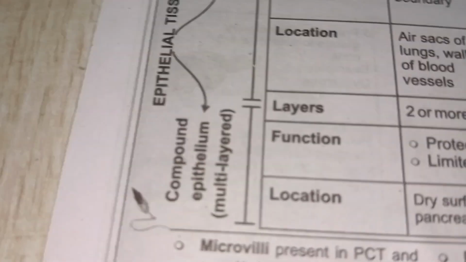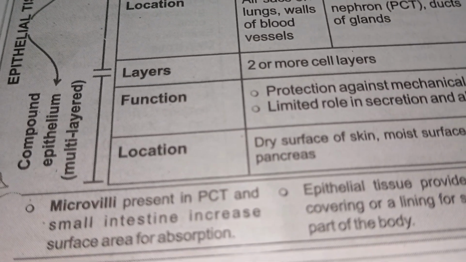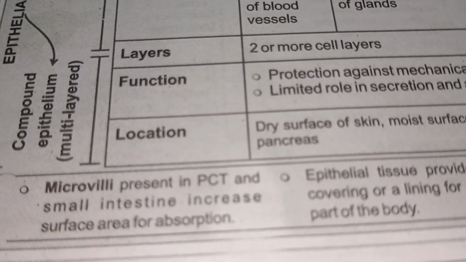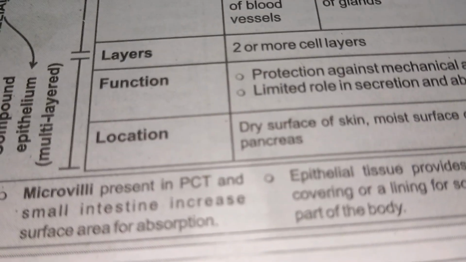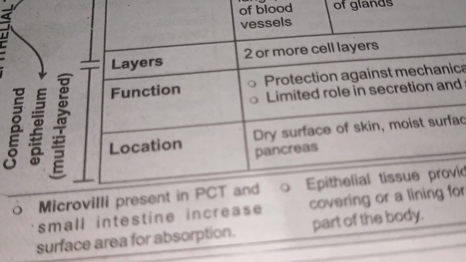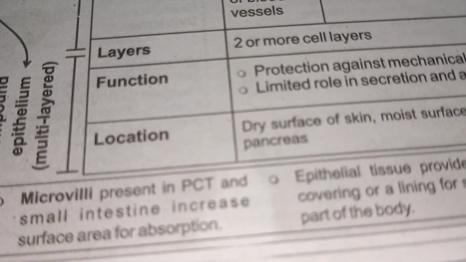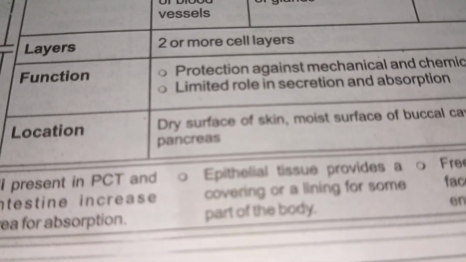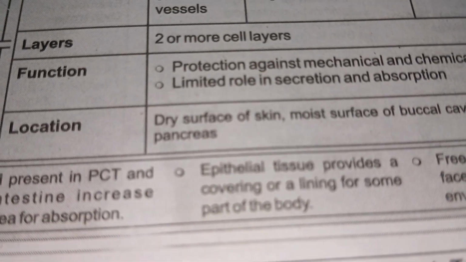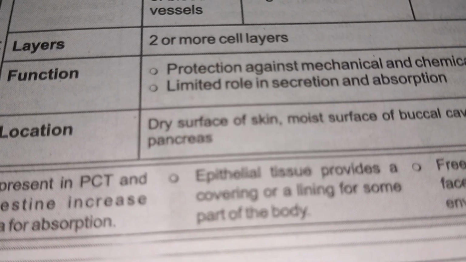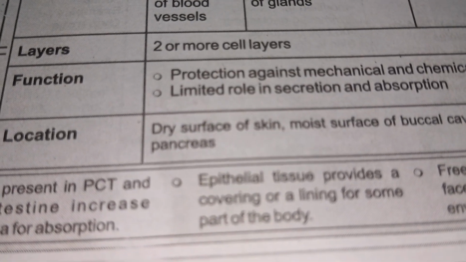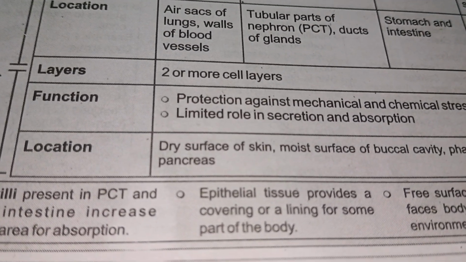Now here we can see the second type of epithelial tissue, that is the compound epithelium. Compound means multi-layered, such as here we can see two or more layers.